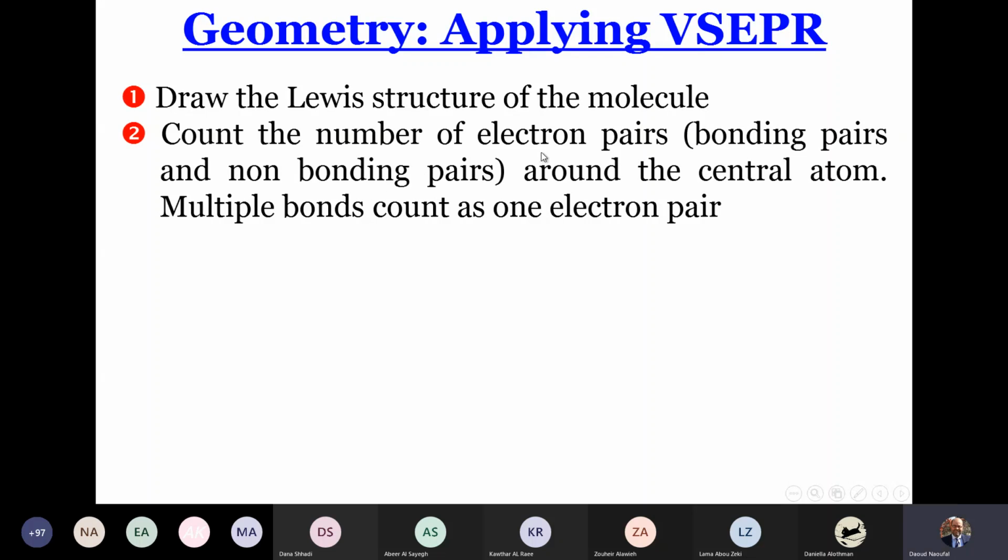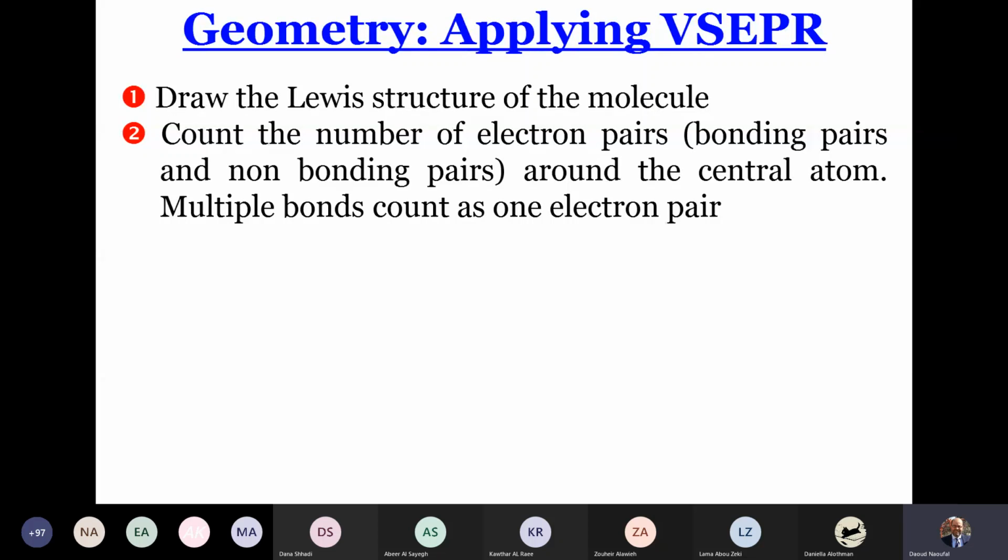Second, count the EP around the central atom, and the EP is bonding pairs and non-bonding pairs. And pay attention, this is very, very important. That will be explained in the next slides and in the next chapter, that a multiple bond around a central atom is counted as one EP.